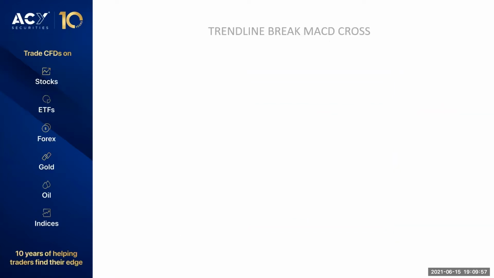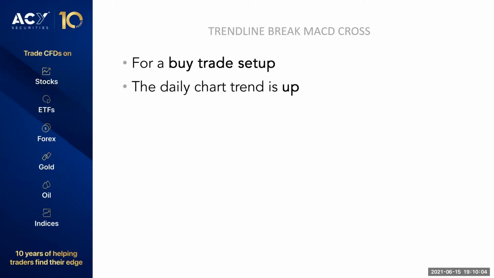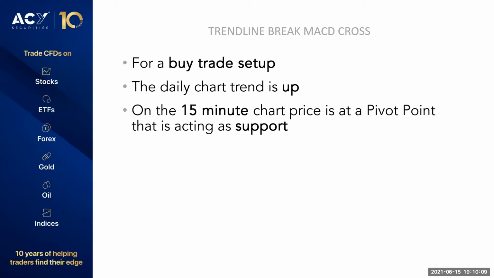All right, so let's get into the trendline break MACD cross setup. So for a buy trade setup, the day chart trend is up. On the 15-minute chart, price is at a pivot point that is acting as support.